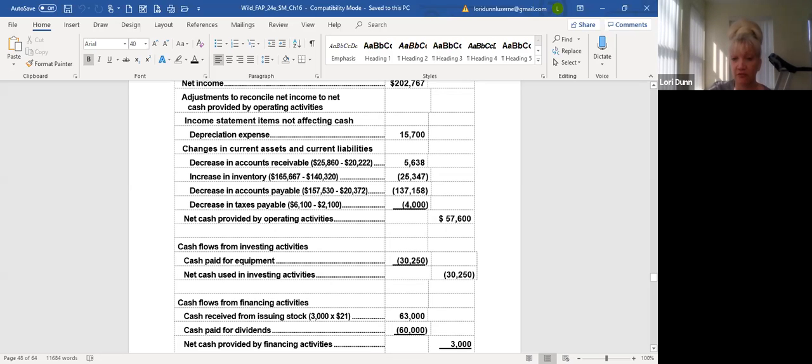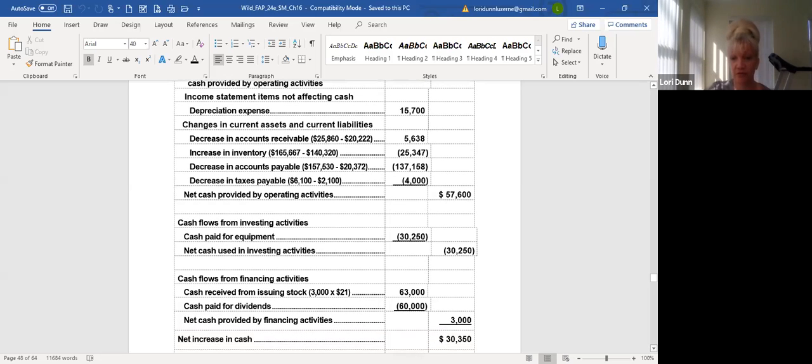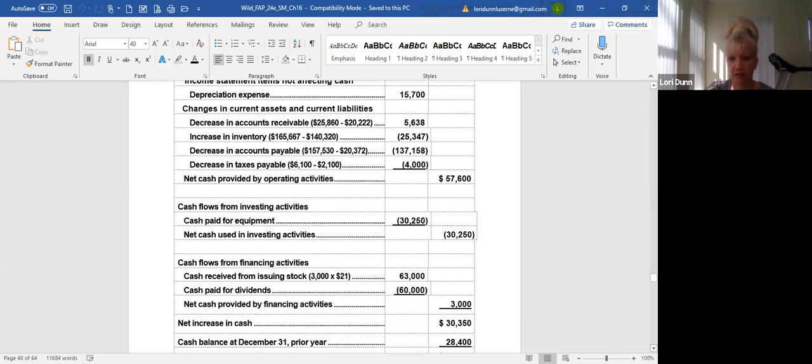Okay, so then our final steps, first, net these three amounts together. 57,600 minus the 3,250 plus the 3,000. So cash changed overall for the year $30,350. Now reconcile it.